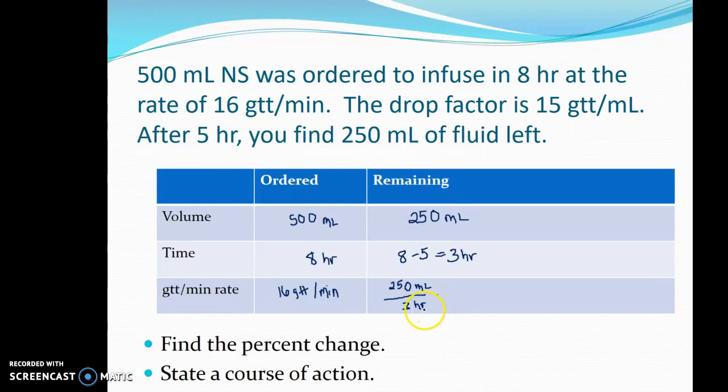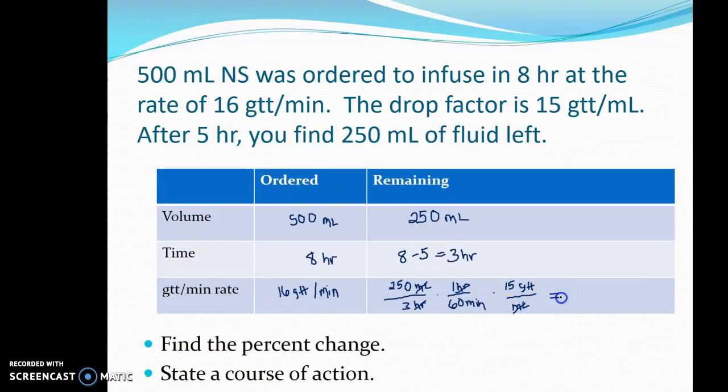My first conversion is the time. So I know that 1 hour is the same as 60 minutes. That allows me to cancel the label of hours. From the problem, the tubing gives 15 drops per mL. So that will allow me to change the mLs into drops so that I can count them in the drip chamber. So that cancels mL.